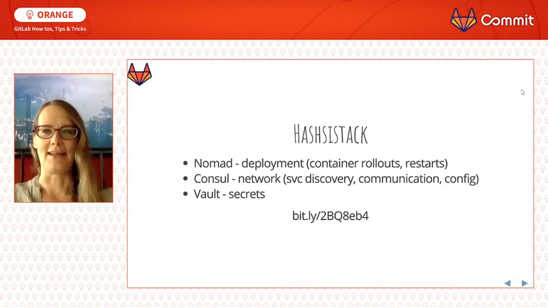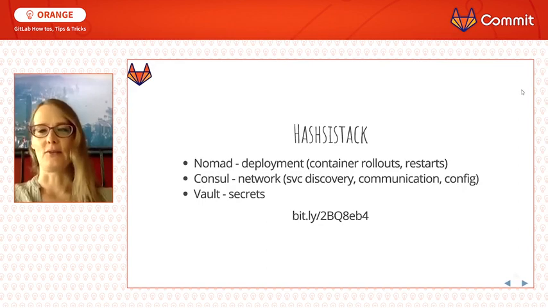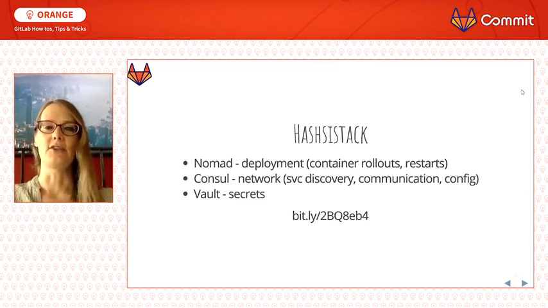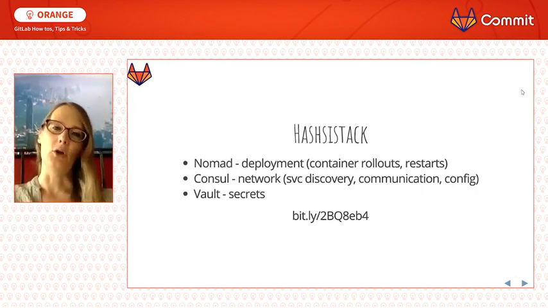And then finally, Vault will just do your secrets like normal, kind of like your Kubernetes secrets. Oh, sorry, I skipped Consul. Consul will do service discovery and communication, as well as configuration. So once you do a deployment of a new repo or a new branch, your load balancer will instantly have it discovered, and we will be able to route traffic right to it. So that's nice and simple.